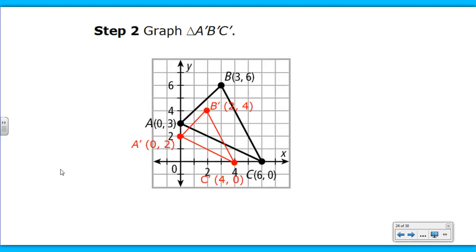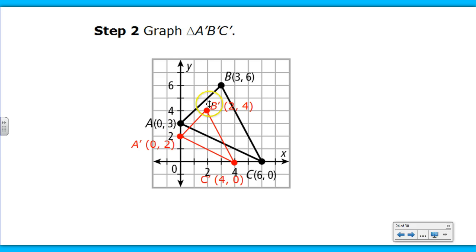If we're going to show now that they are similar, we're going to compare their corresponding sides. We once again do that by using our distance formula to find the lengths of these sides. In this example, we were told that we were going to be using the SSS similarity theorem, so we will want to find the lengths of all three sides.